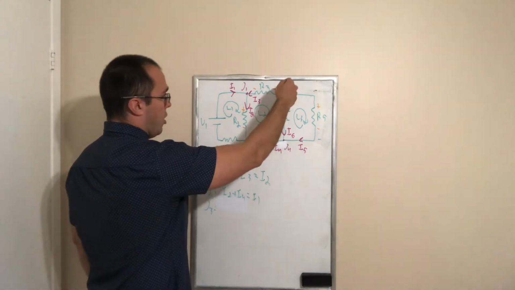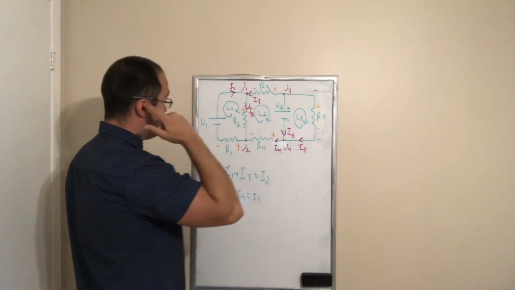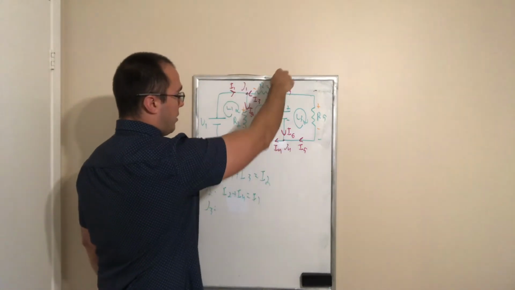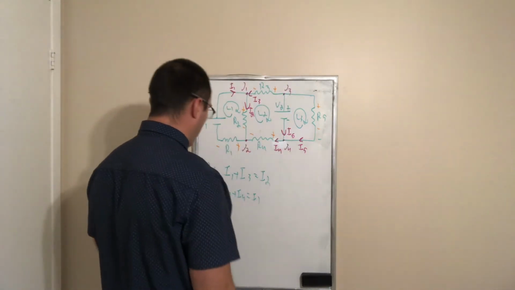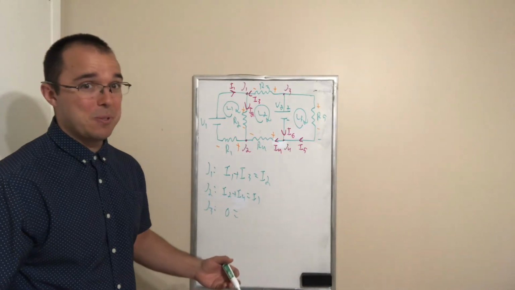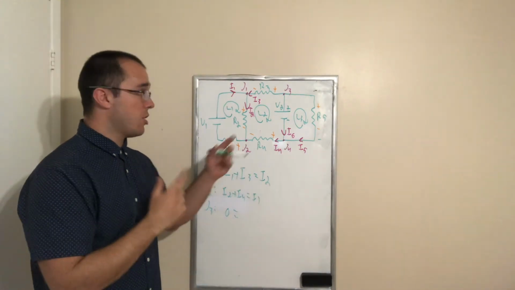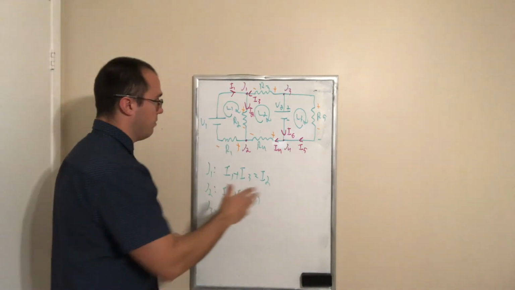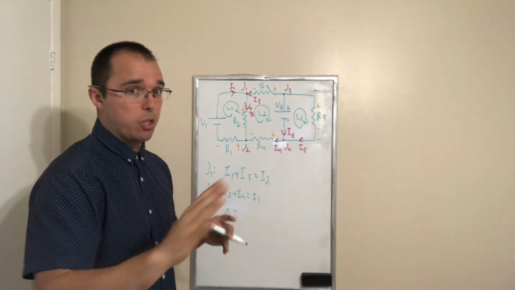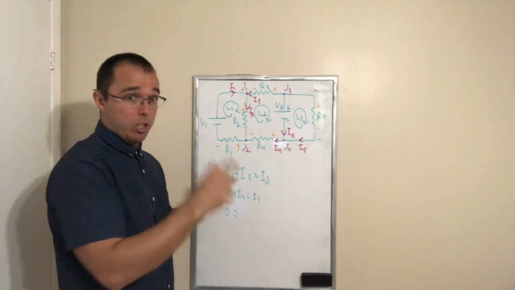So J3, this is an interesting situation. We got I3 coming out, I6 coming out, and I5 coming out, which means that we have 0 coming in, which is weird. It's not supposed to happen, which means one of our assumptions here has to be wrong. But nonetheless, we stick with our original assumption. We know right away that one of the assumptions is wrong.